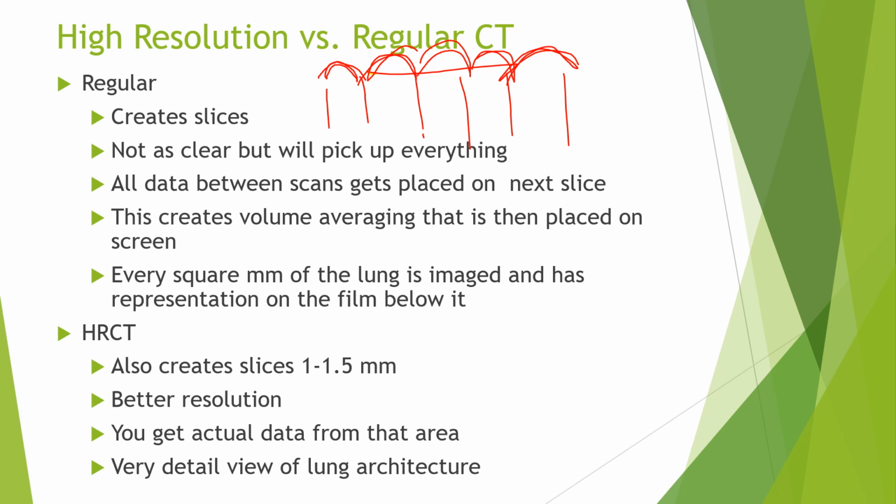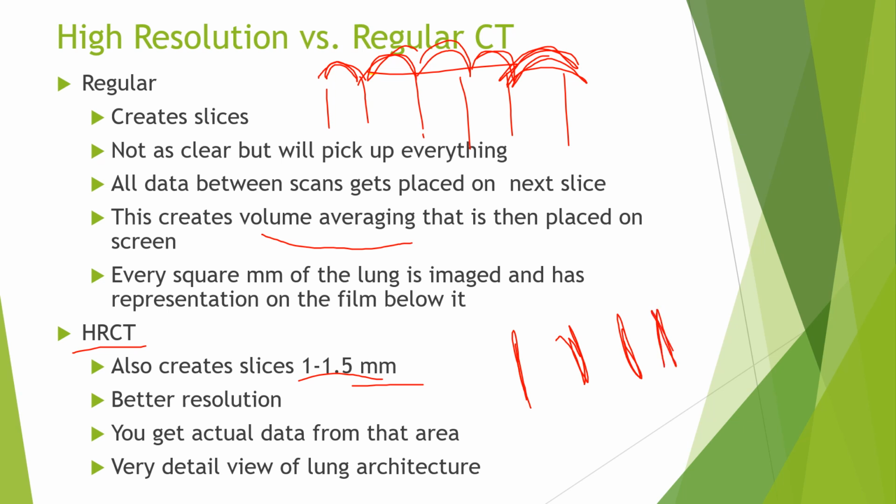It volume averages is what this is called. So it puts everything in here and it sort of blends it together and puts it on that next slice. When you press the side arrow or whatever you do with it when you're scrolling through it, it puts it all into the next slice. So it's not going to be as clear as a high-res CT scan. The high-res CT scan also does slices, but much better resolution because it only looks at what's in those individual areas.